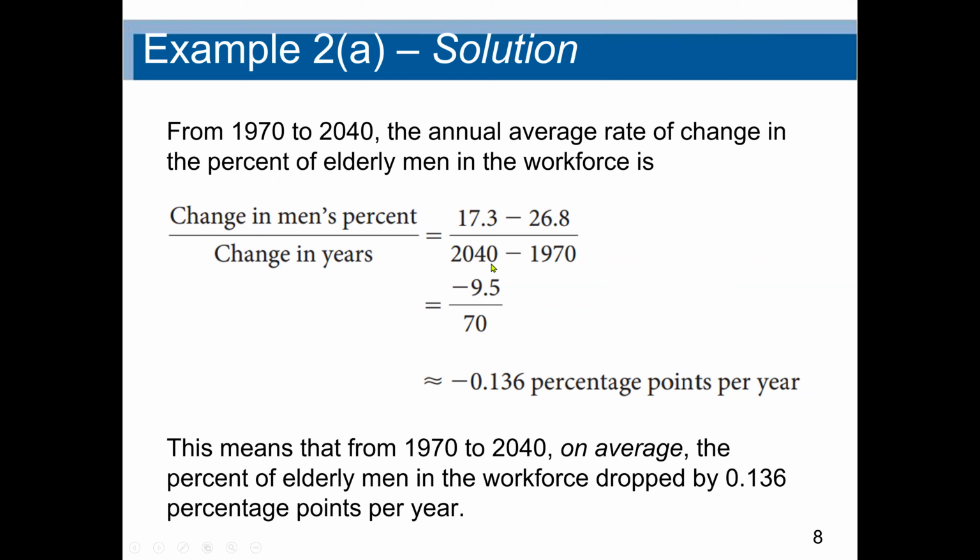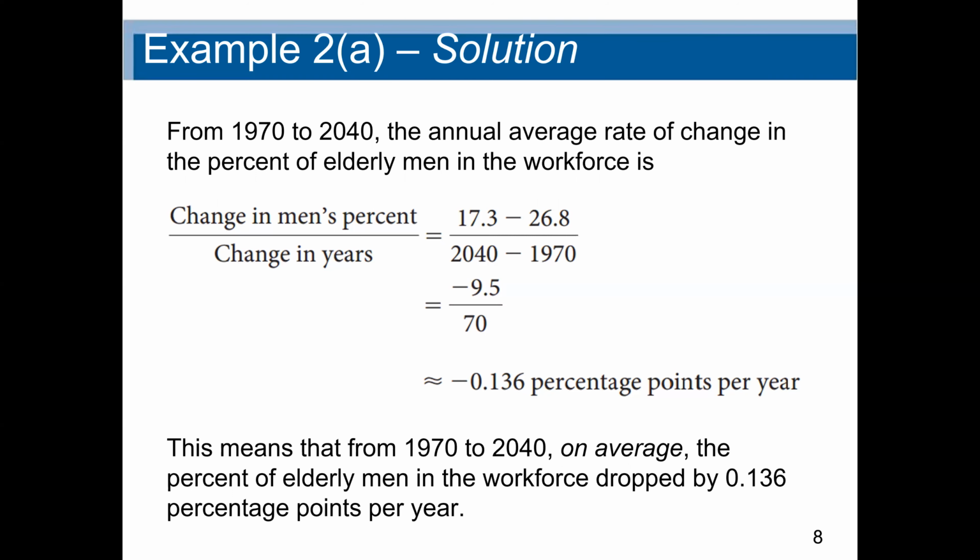The difference of 2040 and 1970 is 70. When you divide the two, approximately we have negative, let's say roughly, 0.136 percentage points per year. So I'll wait for a few seconds if we have any questions.